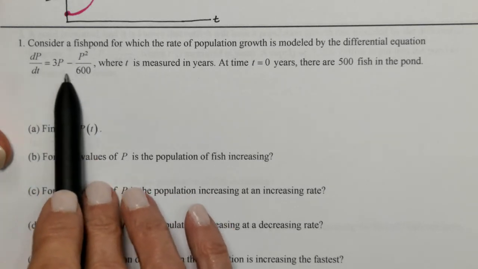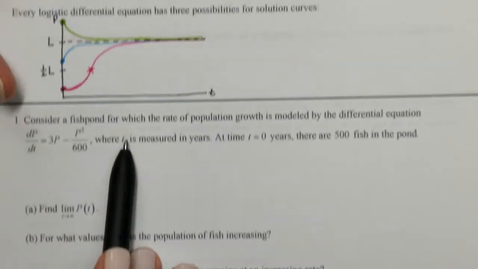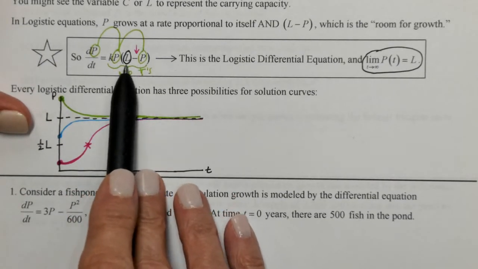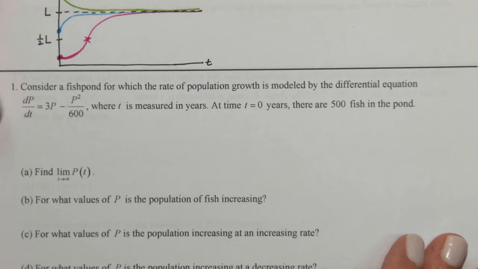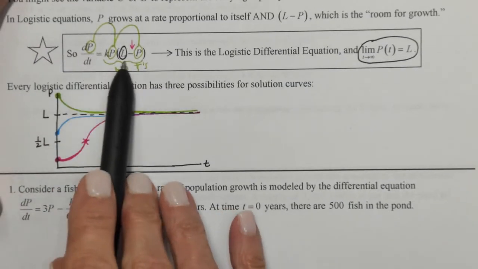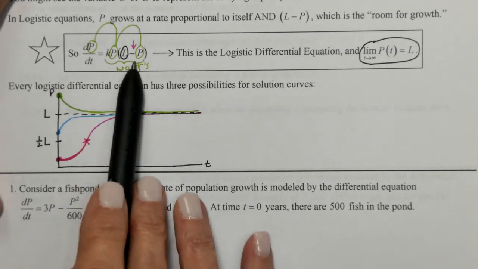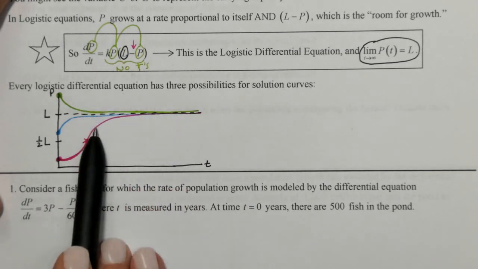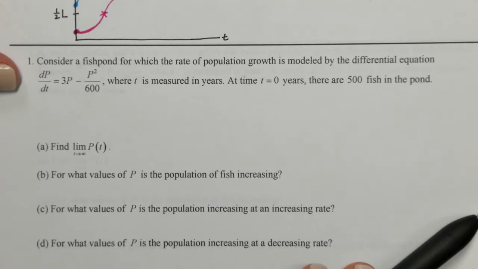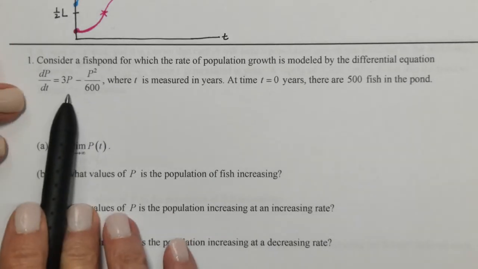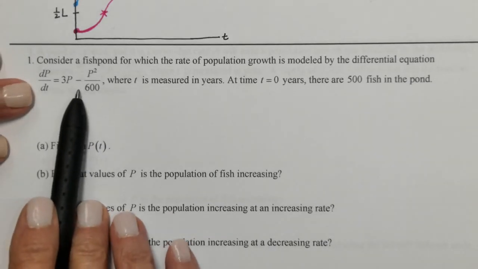We can make this be in this form, and that's always key to do. First, make sure your differential equation is in this form, then graph. All right, so first let's get it in the right form.